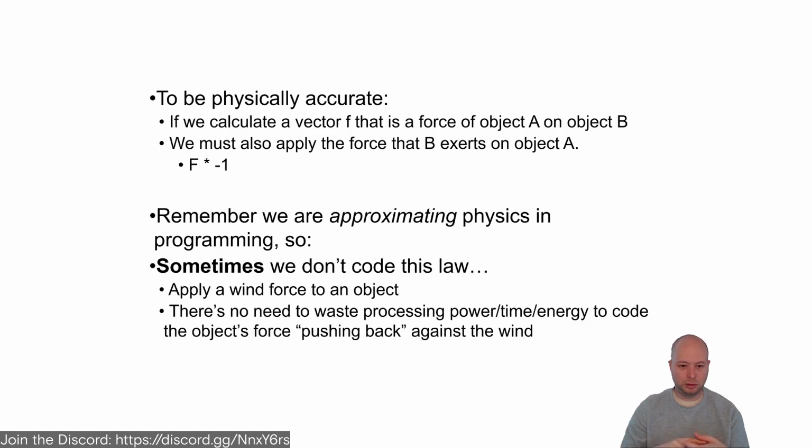So yeah, it's not always necessary to code up these laws, by the way. For example, we talked about friction or wind. Wind force is a complicated force, right? Actually calculating the fluid dynamics of air and how it interacts with your object is not simple, right?